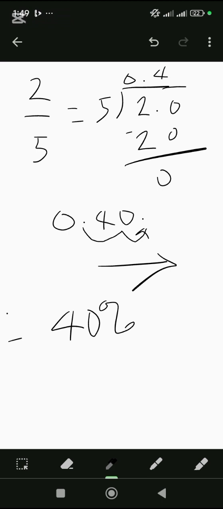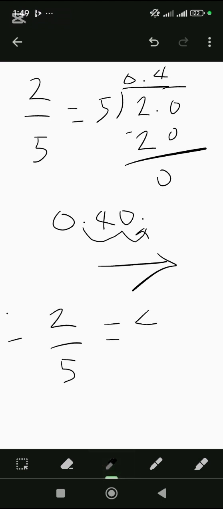So 2/5 is equal to 40%. Okay, we can equally convert this back. This 40% can be converted back to fraction.